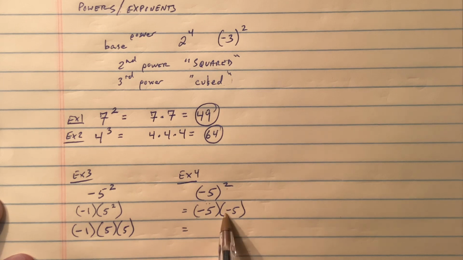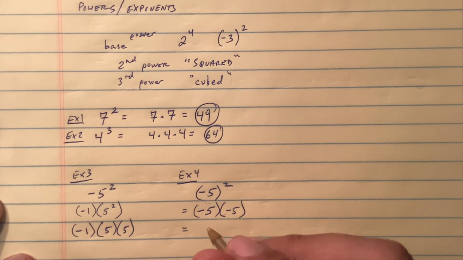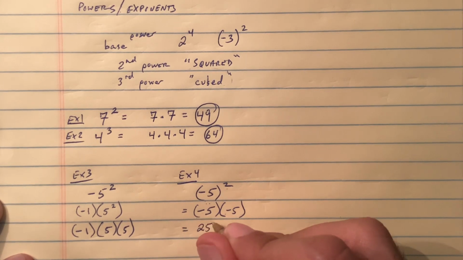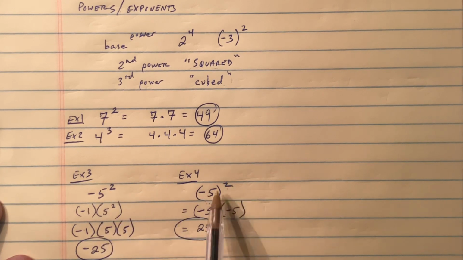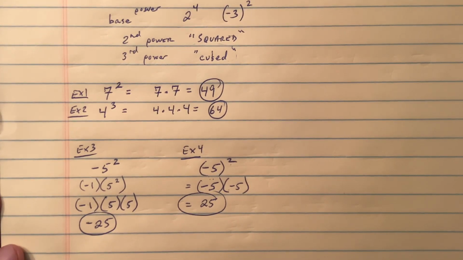Remember, negative times negative is a positive, and 5 times 5 is 25. Whereas over here, 5 times 5 is 25, positive times positive, but then a positive times a negative, negative 25. So slight difference in the way that the problem looks, but big difference as far as the answer goes.